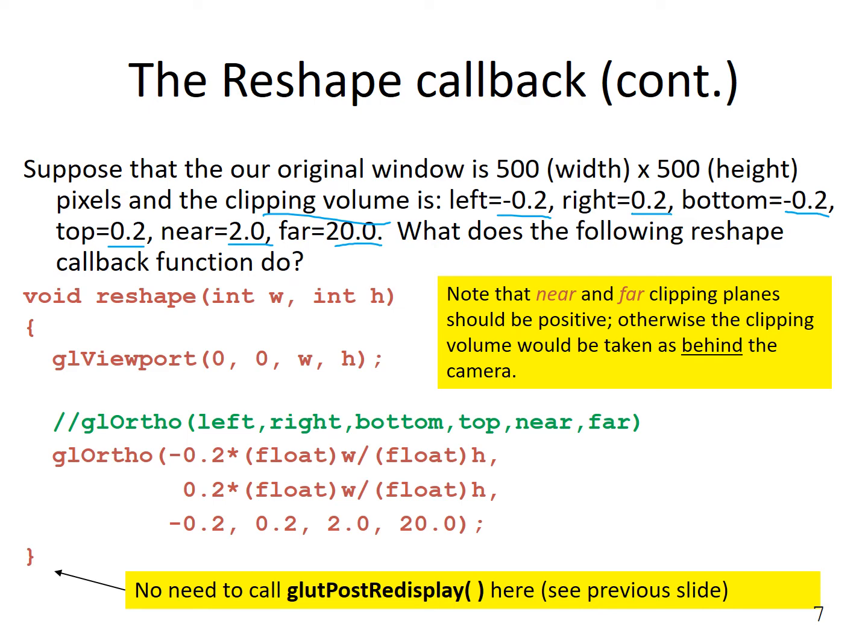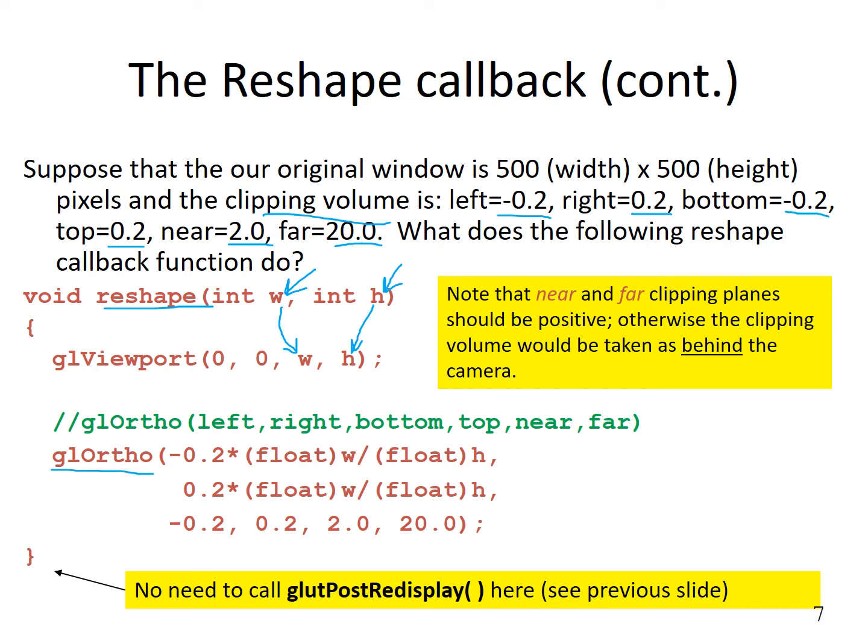So what does the following reshape callback function do? It takes the new width and height of the window, passes them exactly like that to our glViewport so that it still occupies the complete window, and then calls the glOrtho function and redefines the left and right clipping volumes.